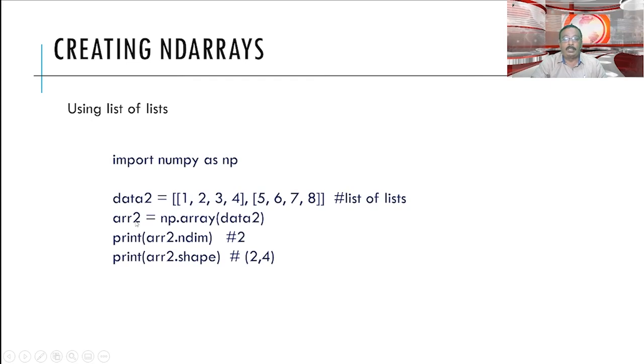Now array2 is of the type NumPy array. Now we can print the dimensionality of the array and the shape of the array. The dimensionality is 2-dimensional, and the shape of the array is 2 rows and 4 columns. So this is how we can create ndarrays.